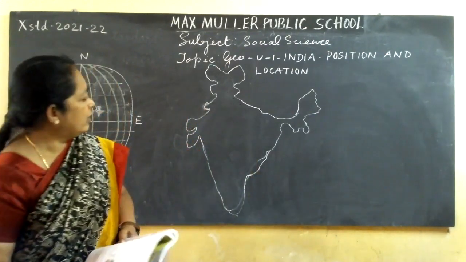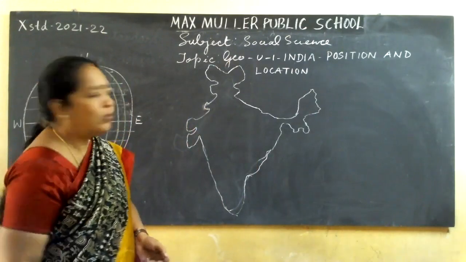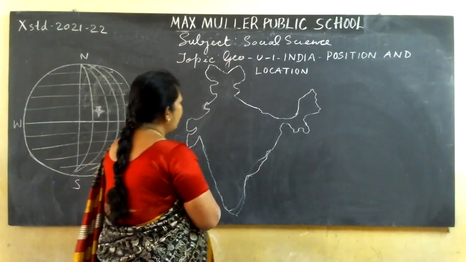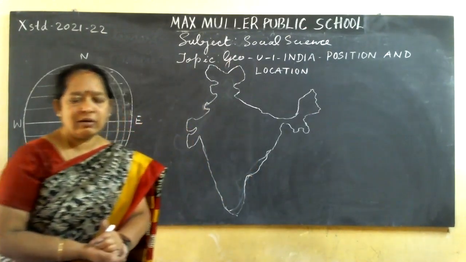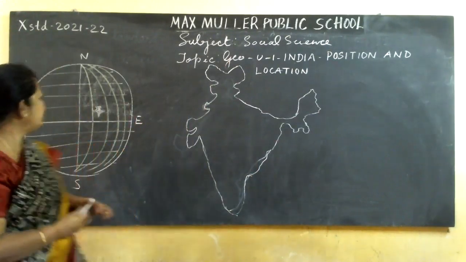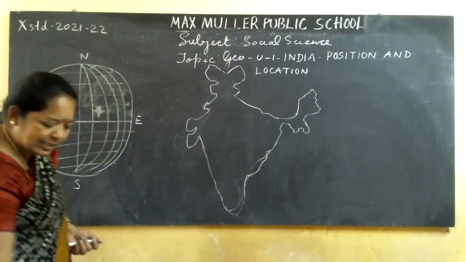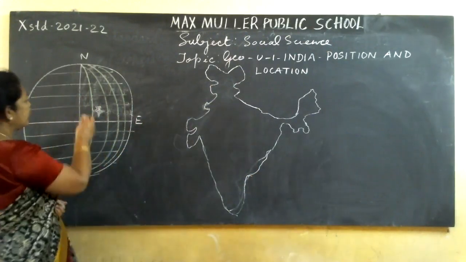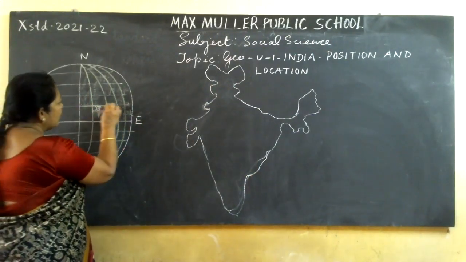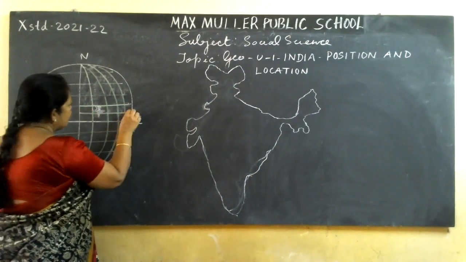So here, let me tell you, this is India, and what is its latitude? Latitude means, I told you, these are the latitudes, children, all on the northern side.